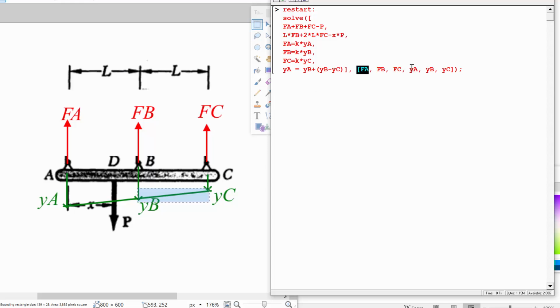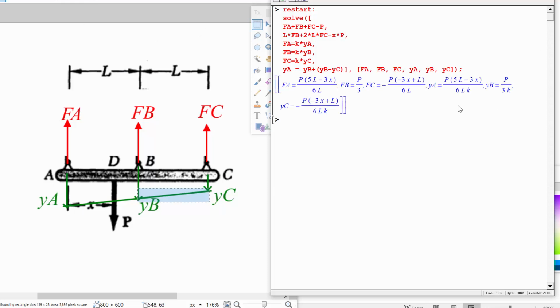So we can solve it for 6 unknowns, the unknown forces and displacements. With everything else, like the spring constant, presumably the force P here, and X and L would be known. Okay, so let's check. Some of these things matter. Some of them actually don't.